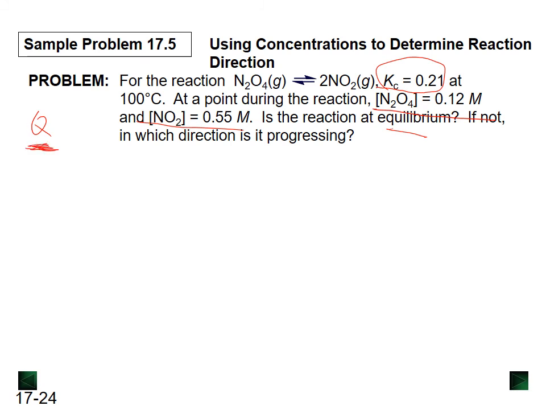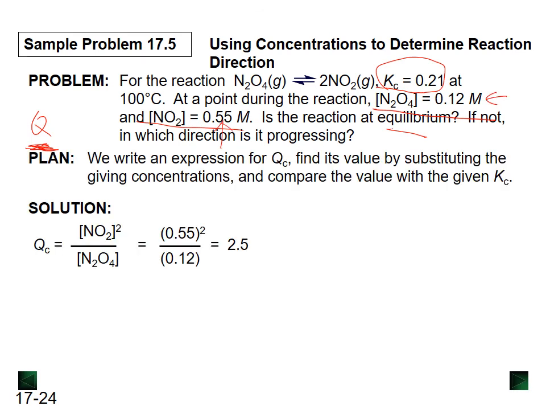We calculate Q from the given concentrations. So first, we calculate Q, which is the product NO2 raised to the 2nd power, because you have 2 here, divided by reactants, and that gives you 2.5. So at this point, you have a reaction quotient of 2.5, which is greater than Kc, because Kc is 0.21.